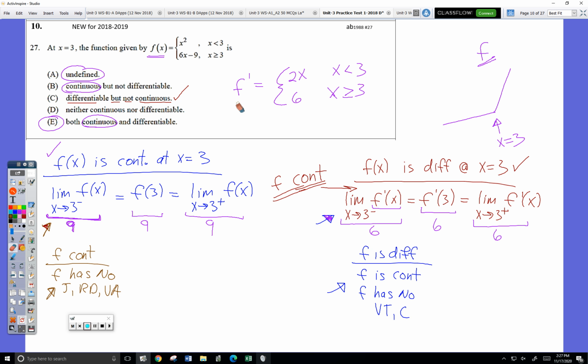With me there? Okay. Here's my picture of maybe what f looks like. Based on this picture of f, can you find the y-coordinate of f when x is 3? Yes, I can see it. It's right there. Is that okay? Yep.